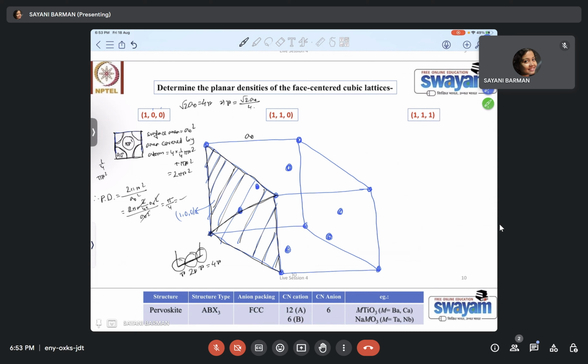Now for the 110 plane. Along the z-axis it will be parallel, right? Otherwise the intercept is 1 only. So 110 plane.